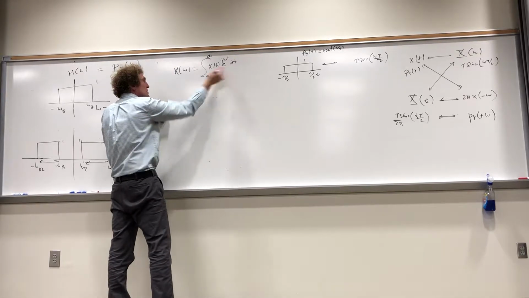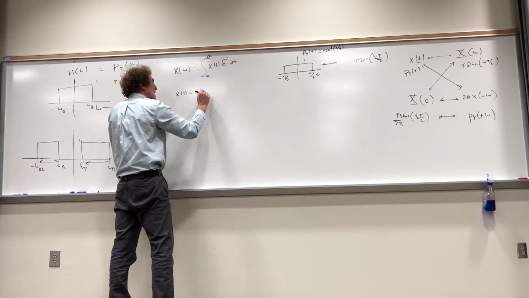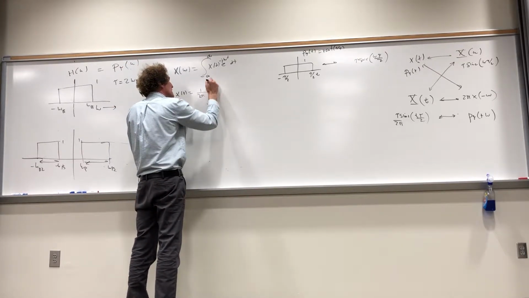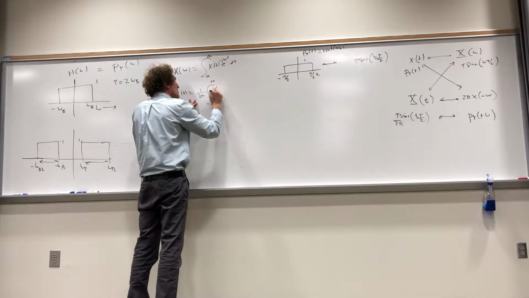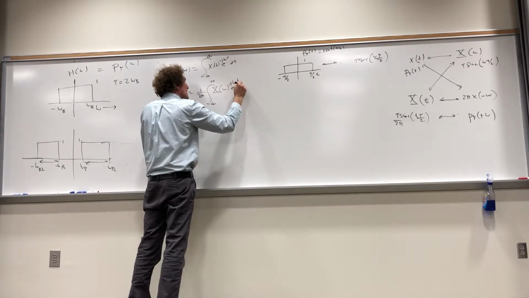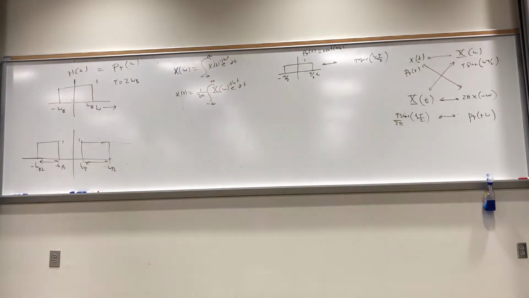We know that's analysis. Synthesis says x of t is 1 over 2 pi times the integral from minus infinity to infinity of capital X of omega e to the plus j omega t d omega. There's where the 2 pi came from. It really comes from the fact that we're not using f. If it was f, then the 2 pi wouldn't be there.